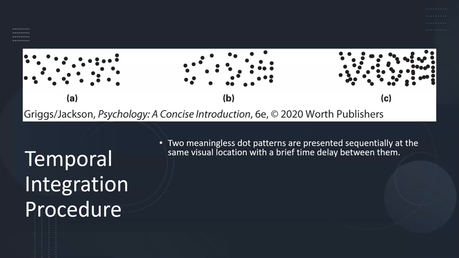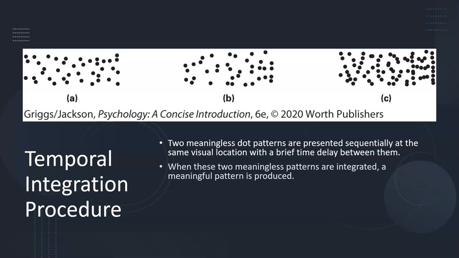So if they're shown fast enough, you have one iconic trace. Image A would flash on, flash off, image B would flash on, flash off. If it happens fast enough, you have both iconic images present at the same time in the sensory register. Then what you get is a composite, and that is represented by image C.